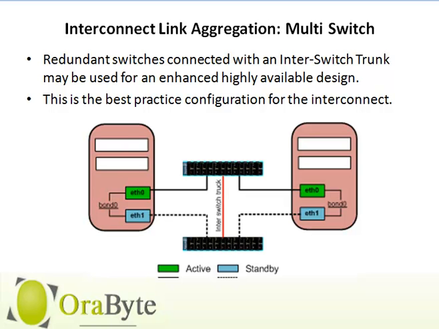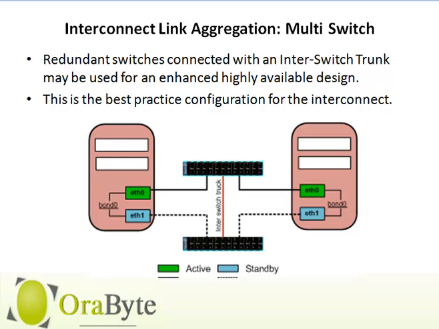So you will always have your connections getting into the multi-switch configuration as shown here. The redundant switches connected with an inter-switch trunk may be used for enhanced high availability design. This is the best practice configuration for the interconnect.